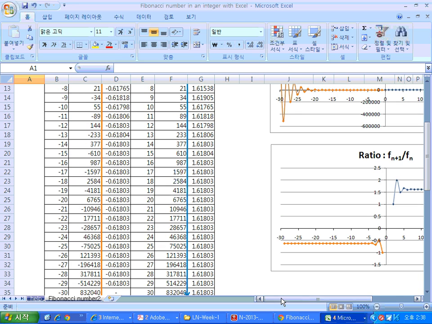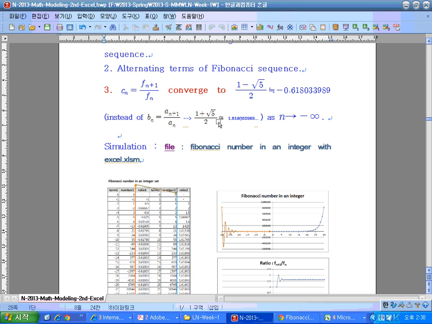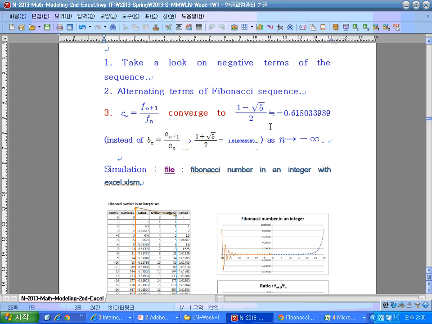Then we can simulate it in here. Then you will see that the ratio of Cn converges to this number. That number is minus 0.6, like this, which is close to 1 minus the square root of 5 over 2, which is what?